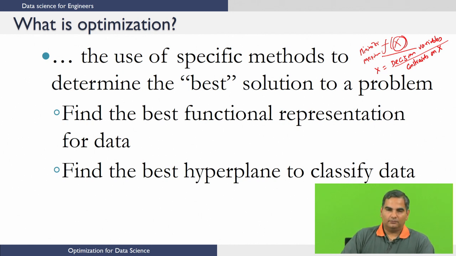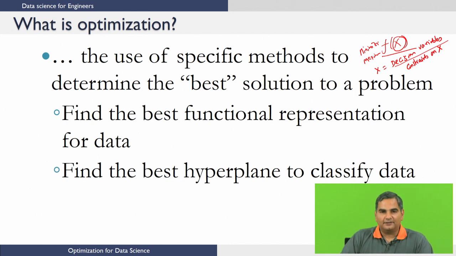Now, why is it that we are interested in optimization in data science? We talked about two different types of problems. One is what is called a function approximation problem, which is what you will see as regression later. In that case, we were looking for solving for functions with minimum error. Remember that.